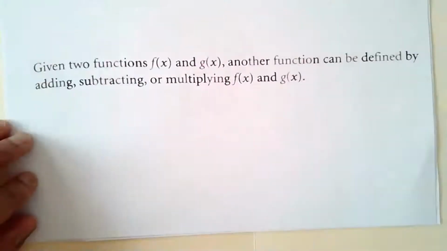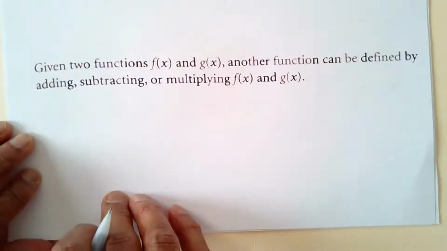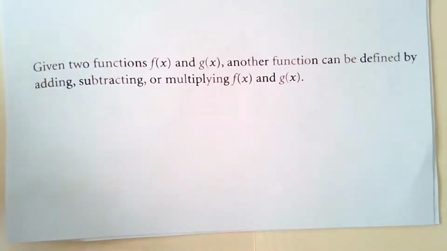So this is what we'll be proving today. Given two functions, f of x and g of x, another function can be defined by adding, subtracting, or multiplying f of x and g of x.